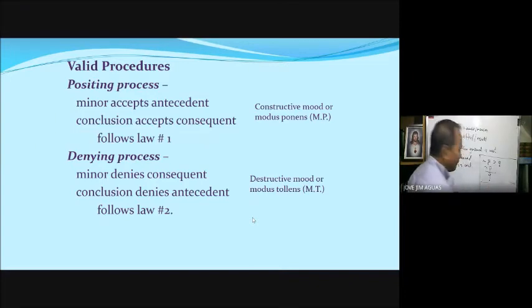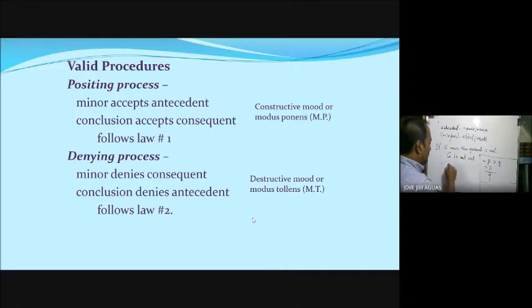Okay? Now, let's move to the next, the denying process. Here, in the denying process or destructive mode, the minor denies the consequent and the conclusion denies the antecedent. It follows rule number 2. So it's like this: the ground is not wet.